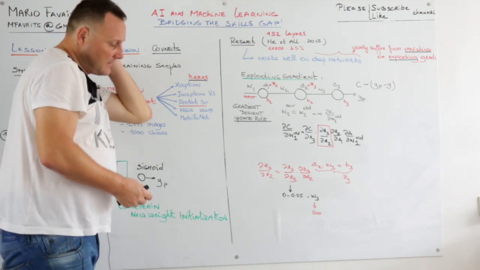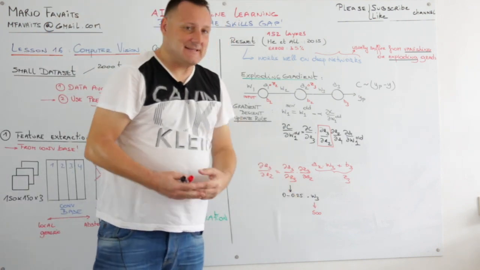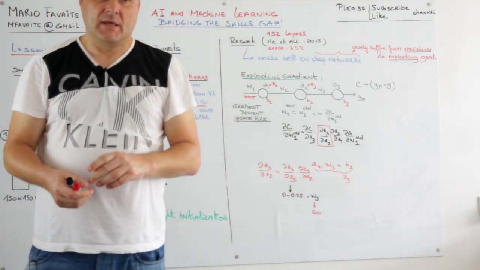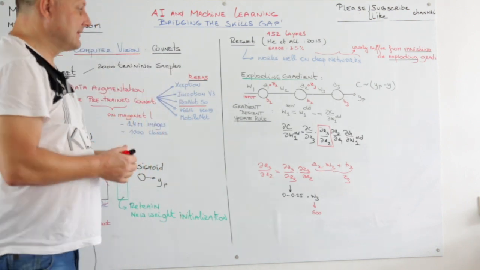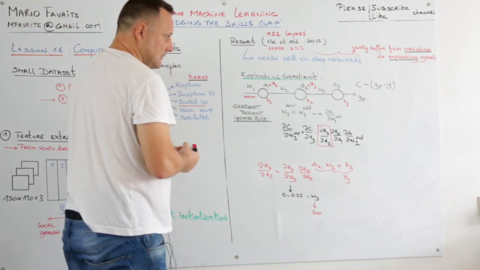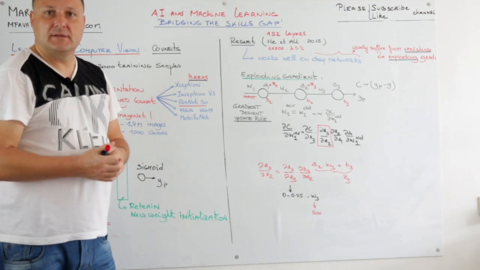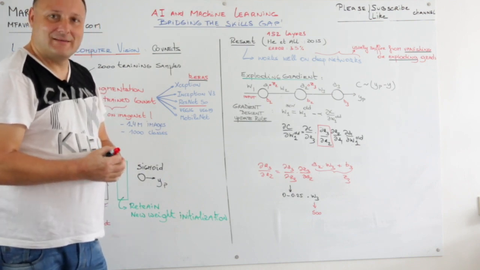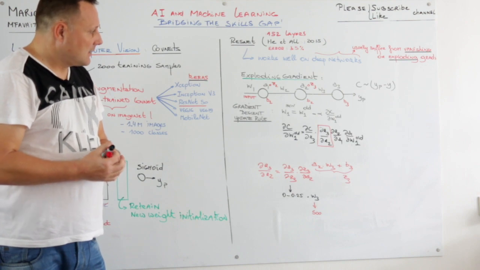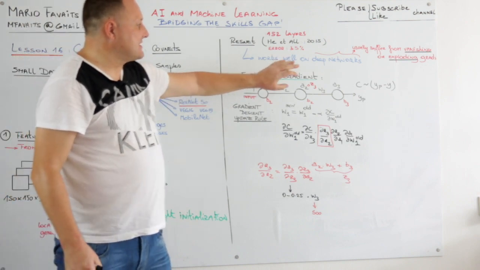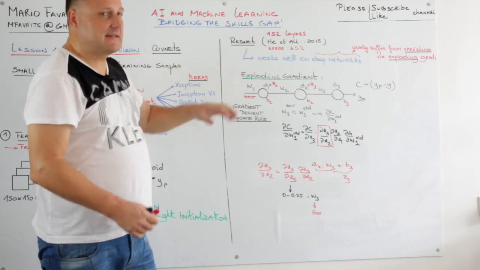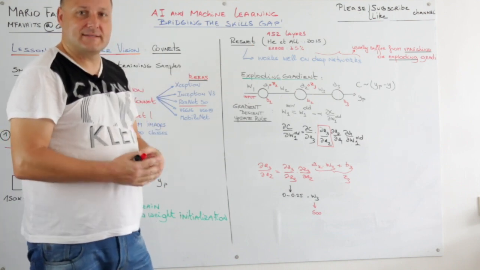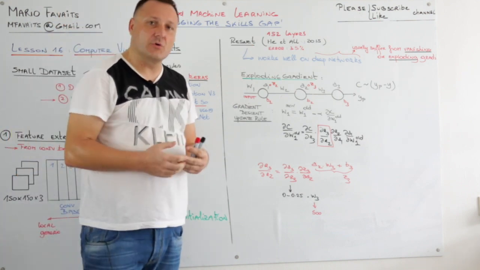So basically what this says is that initializing your weights is important. That is basically what exploding gradient is. Alright, so now we know what these two are. Let's take a look at what ResNet is and how we will use it in our coding exercise.